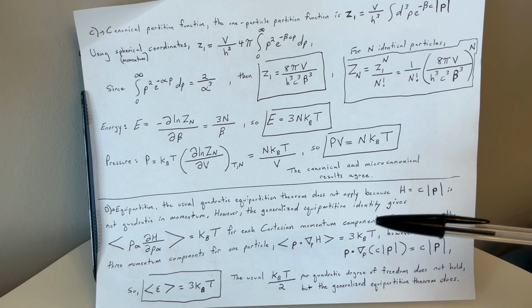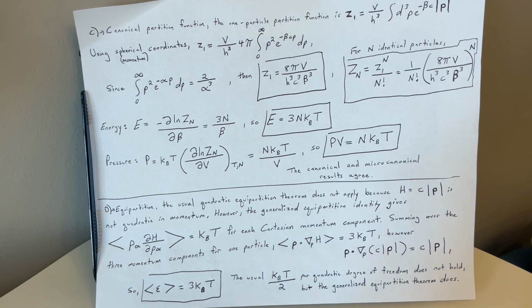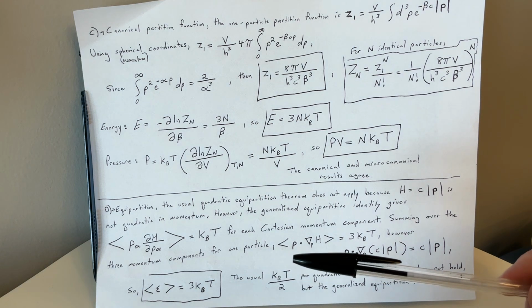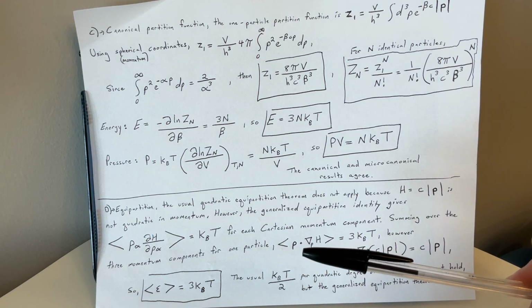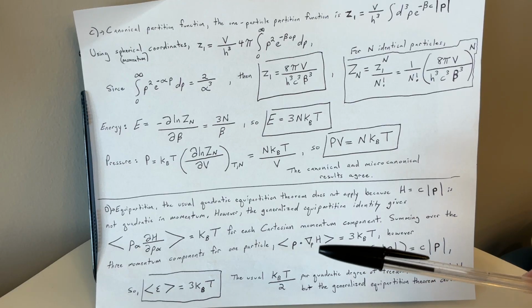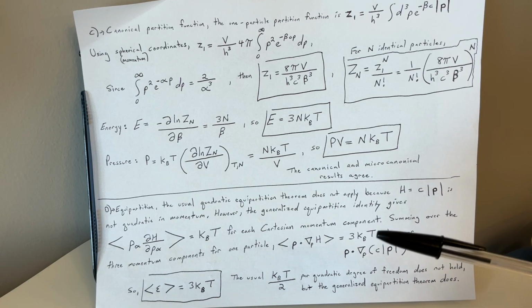However, the generalized equipartition identity gives the following: the expected value of p_alpha times the partial derivative of H with respect to p_alpha equals k_B T for each Cartesian momentum coordinate. So summing over the 3 momentum components for one particle, the expectation value of p dotted with the del operator of H equals 3 k_B T.